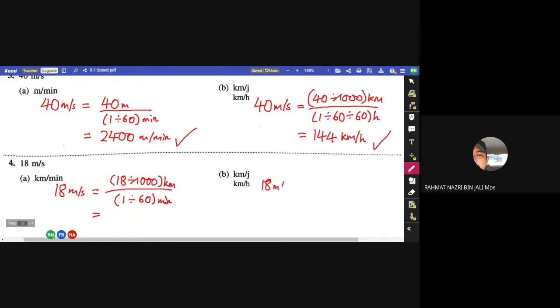18 meter per second, convert to kilometer per hour.